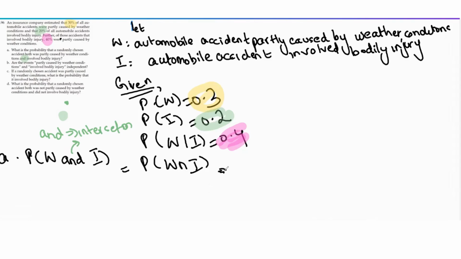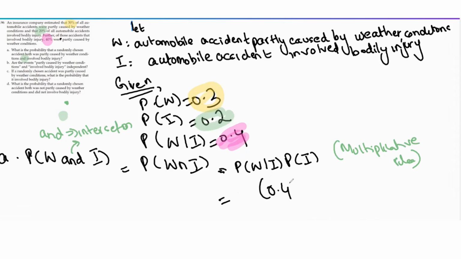Over here we're given probability of W given I, so we can write this as probability of W given I times probability of I. This is 0.4 times 0.2, so it is 0.08.